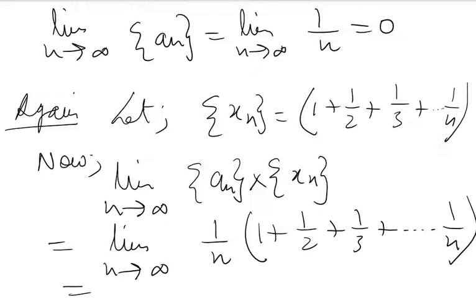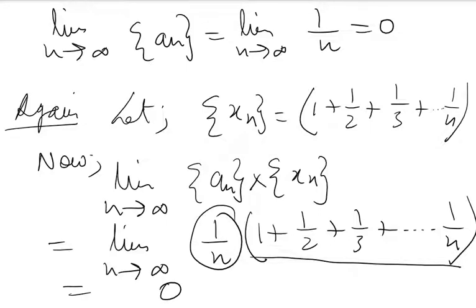So this part is 0. You multiply this with this, it's 0. So the answer is 0. Very simply we have proved this.